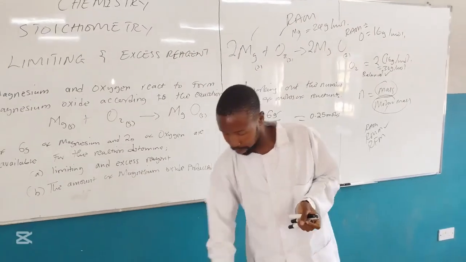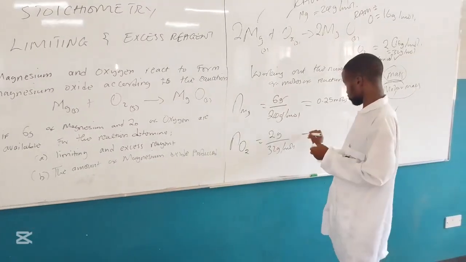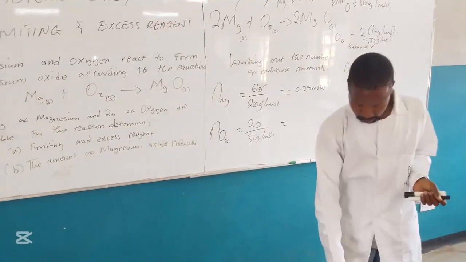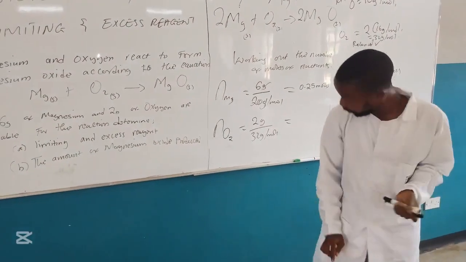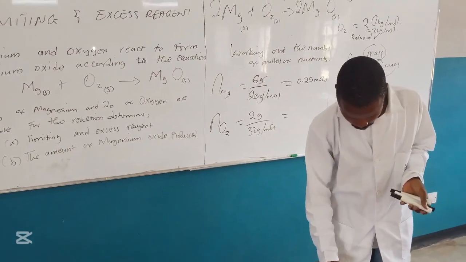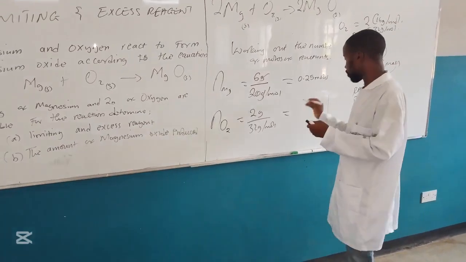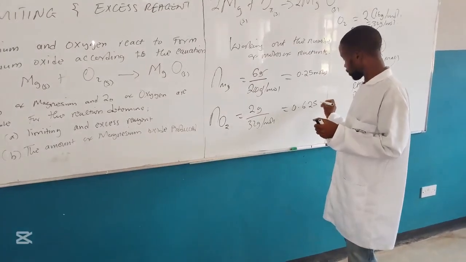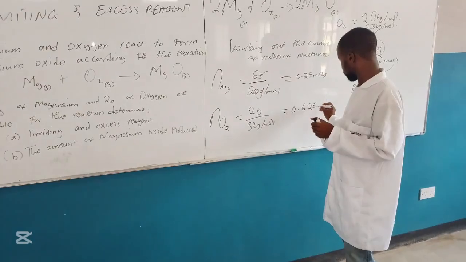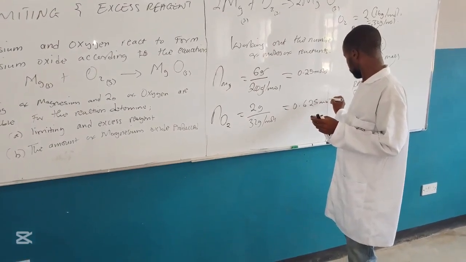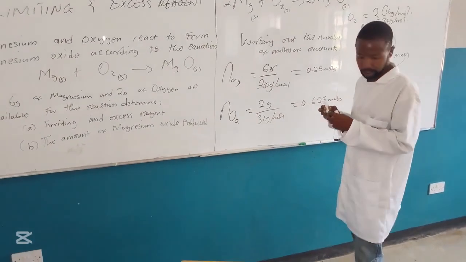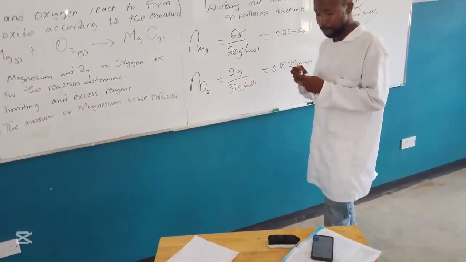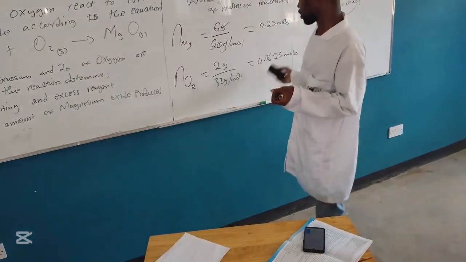Let's go on with working out the number of moles. So it's 2 divided by 32, which is 0.0625 moles. So those are the number of moles of oxygen.